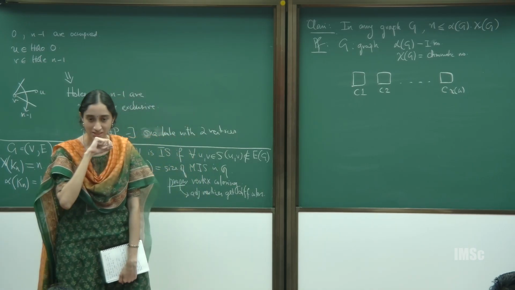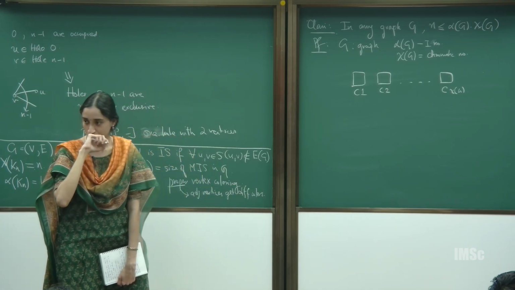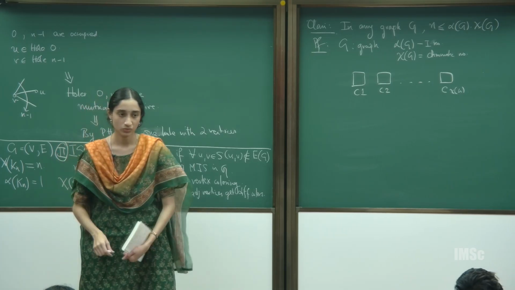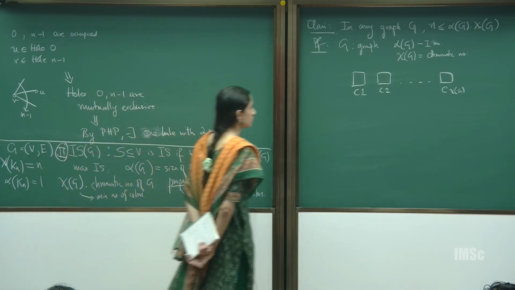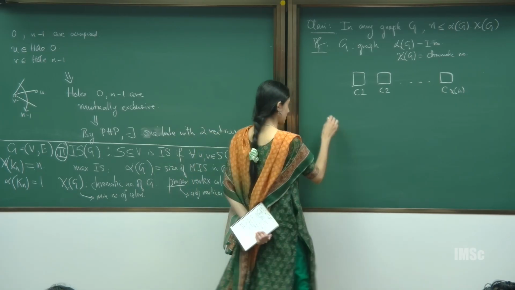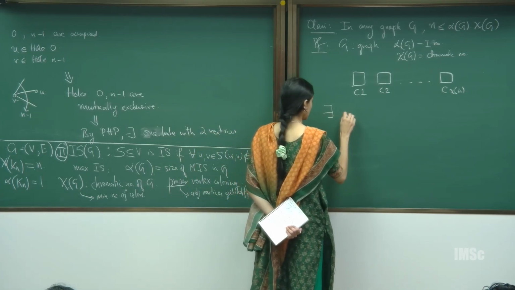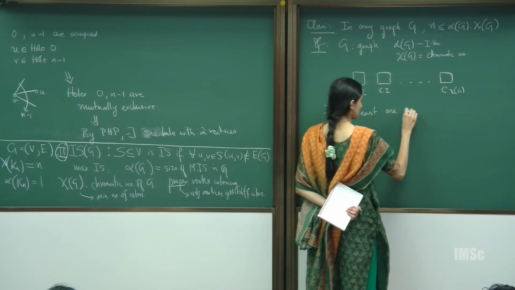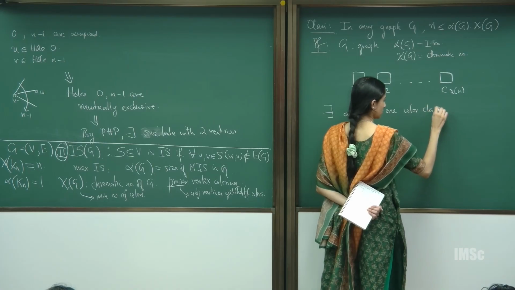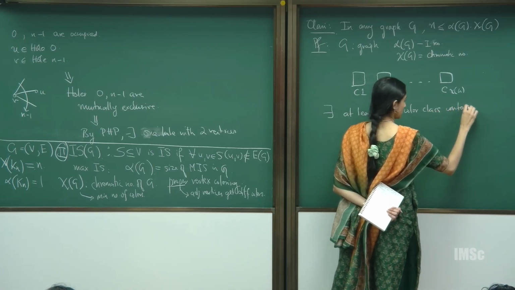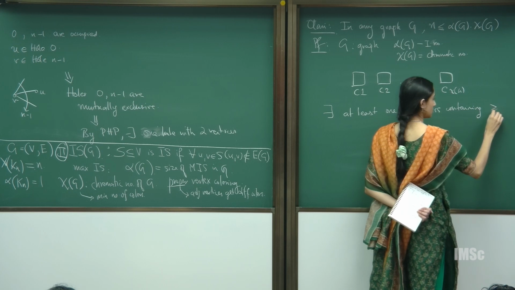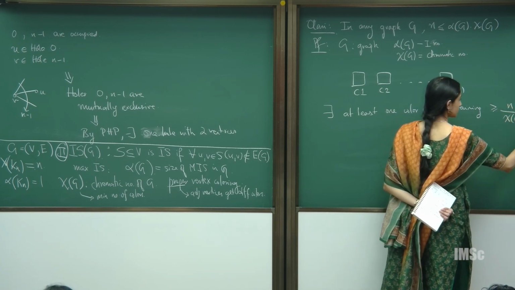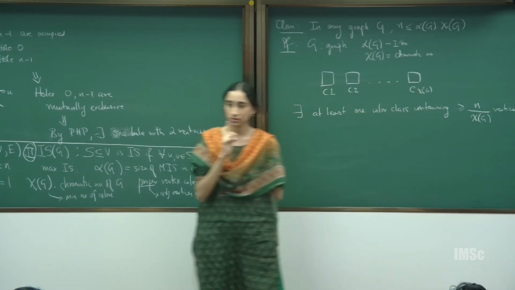There are n vertices. So why is this true?